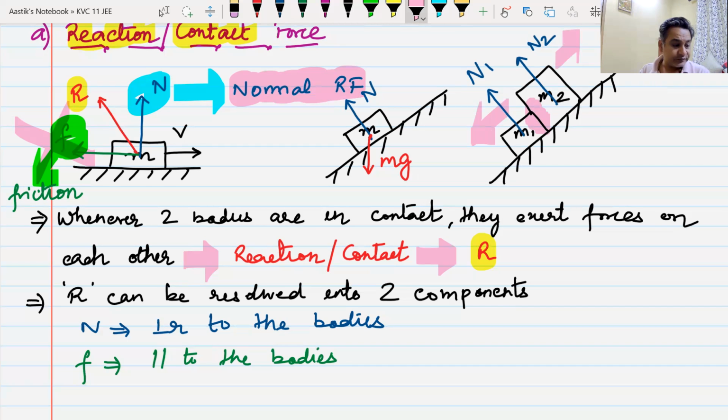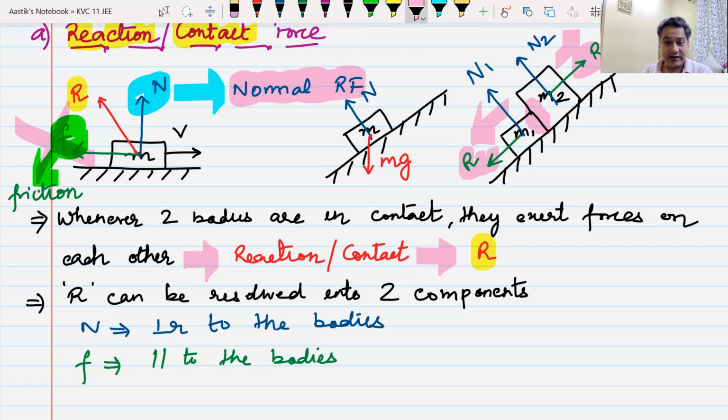So there will be one more force which will come on M1 and M2 because of contact. If I call this force R, which is the contact force applied by M2 on M1, M1 will apply the same force but in the opposite direction. So this R is the contact force coming because of contact between M1 and M2. Do we understand this?